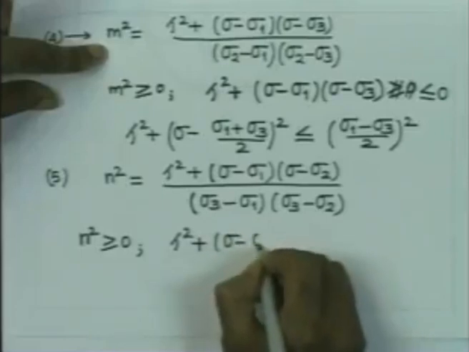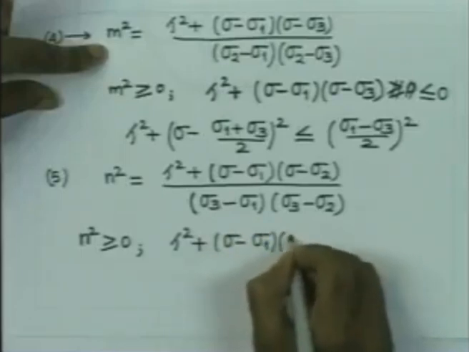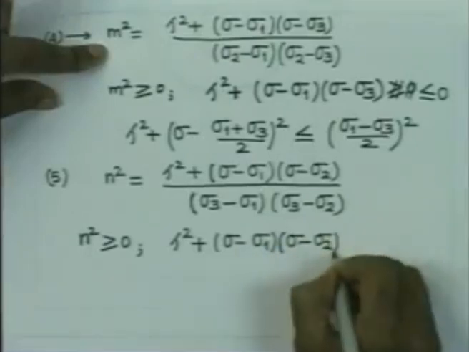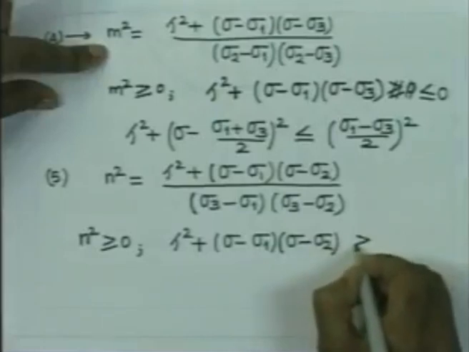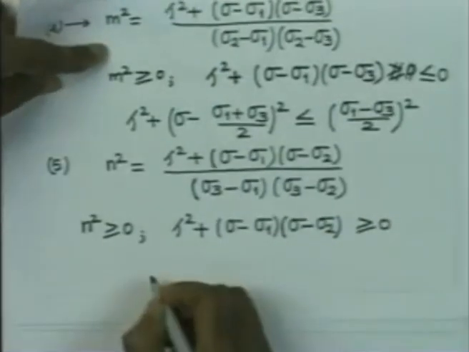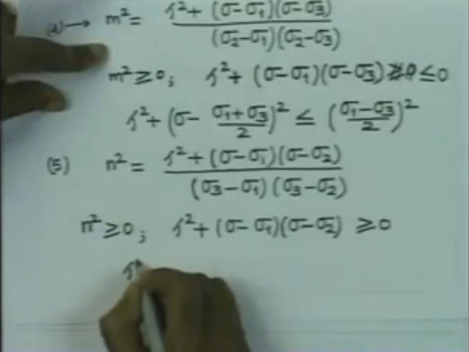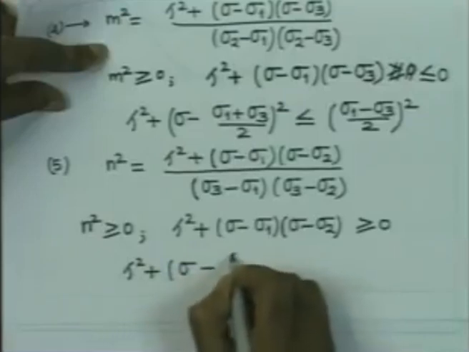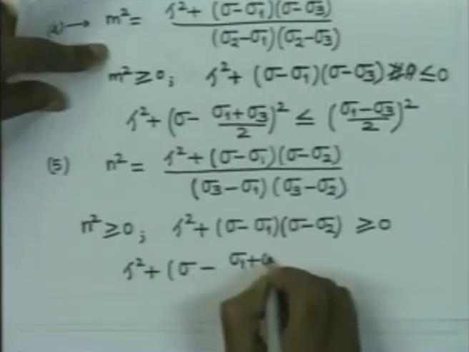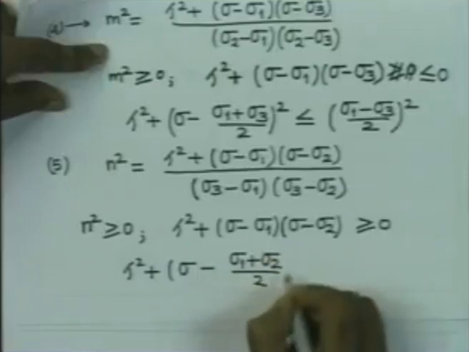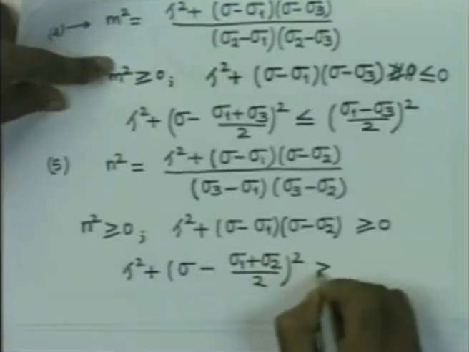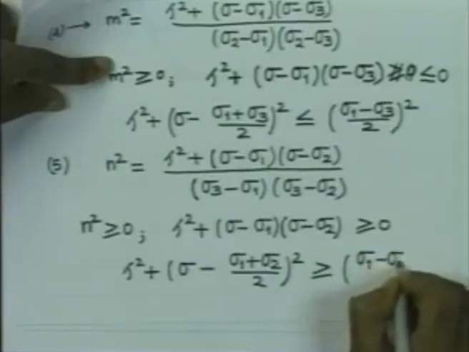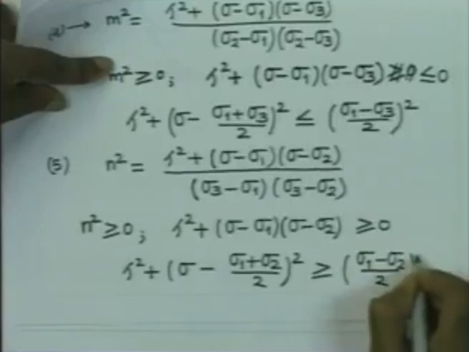sigma minus sigma 1, sigma minus sigma 2, it is going to be greater than or equal to 0, and if we again rearrange, this gives us tau square plus sigma minus sigma 1 plus sigma 2 by 2 whole square greater than or equal to sigma 1 minus sigma 2 by 2 whole square.